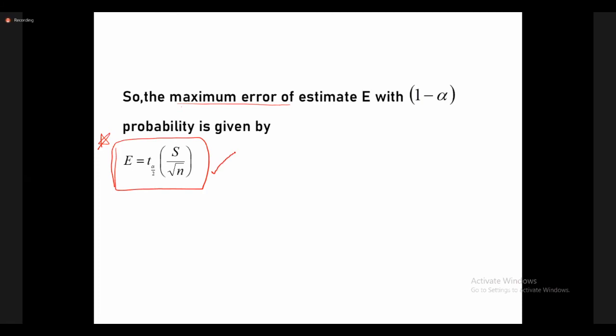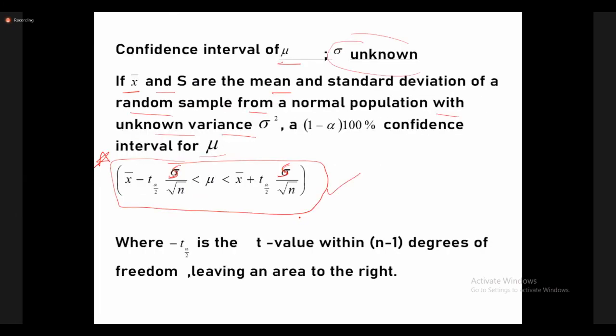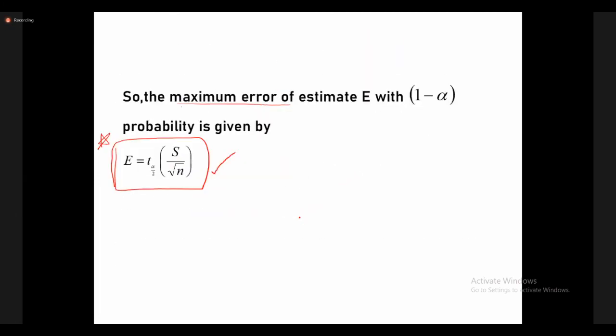Similarly, the sample size, small n, can also be found. Anyone guess what the sample size is? Small n is equal to t alpha by 2 into s by capital E, whole square.